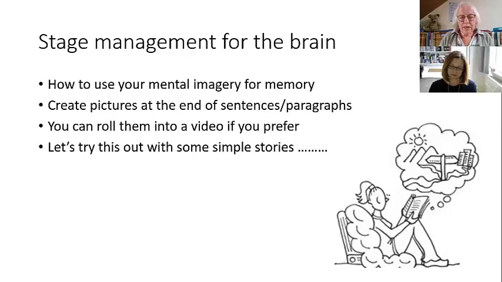And in one of my books, I published a little story and gave stage management for every half sentence. And so I'm just going to read it to you and see if you can remember those, create the pictures. And if you've heard it before, just have another go because you'll probably be creating different pictures this time.